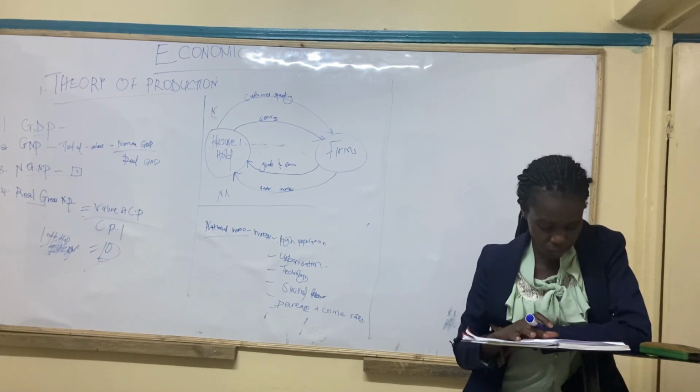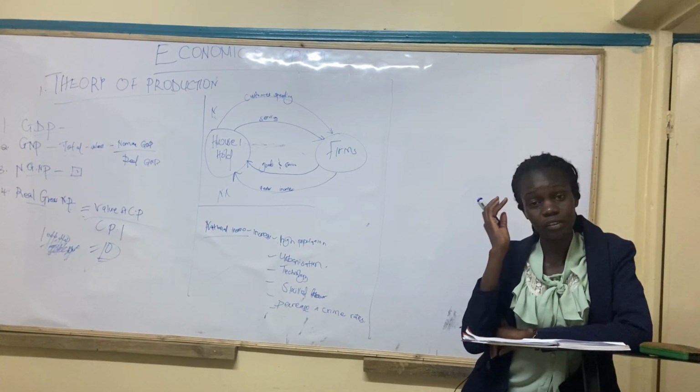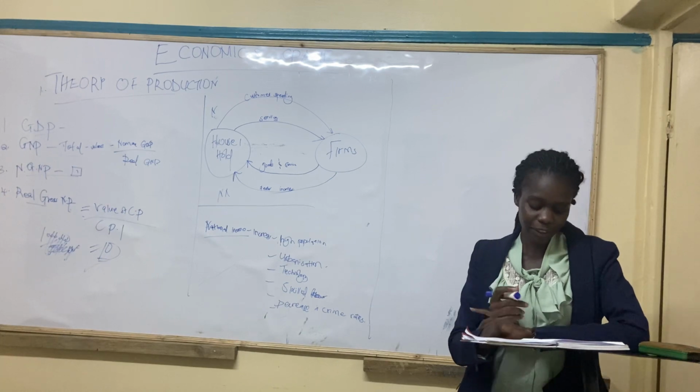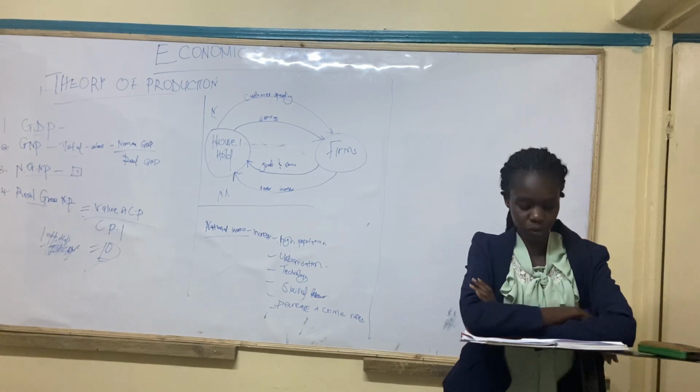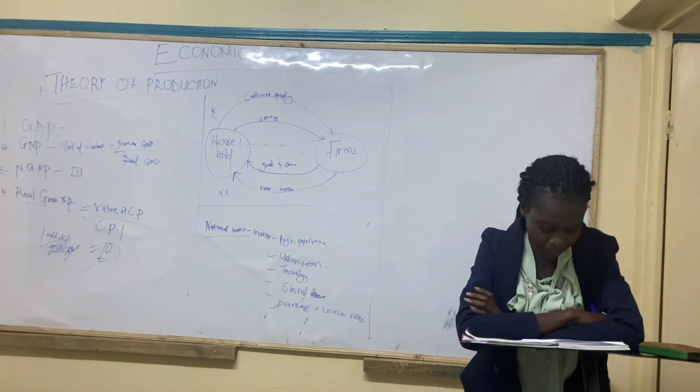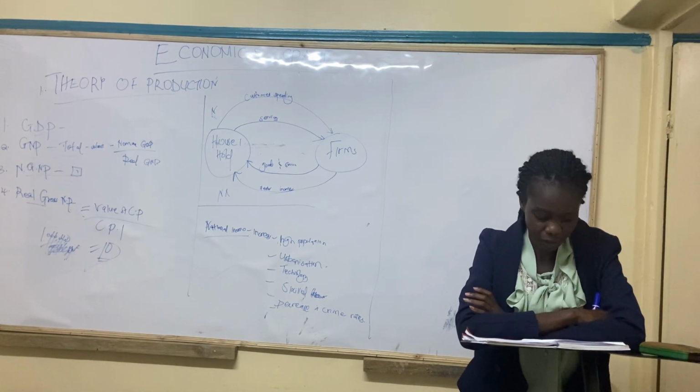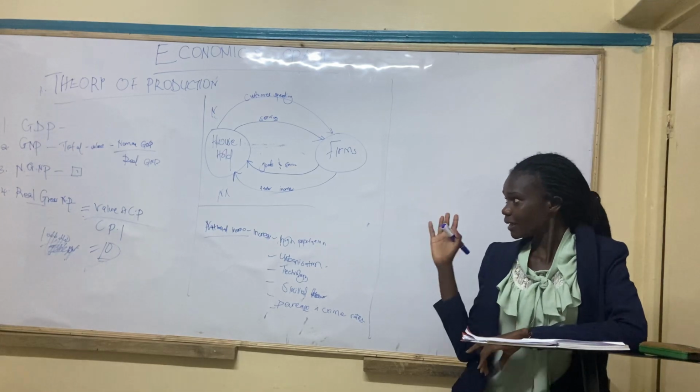So consumption is a relationship between plant consumption and income. So there is plant consumption here and income here.